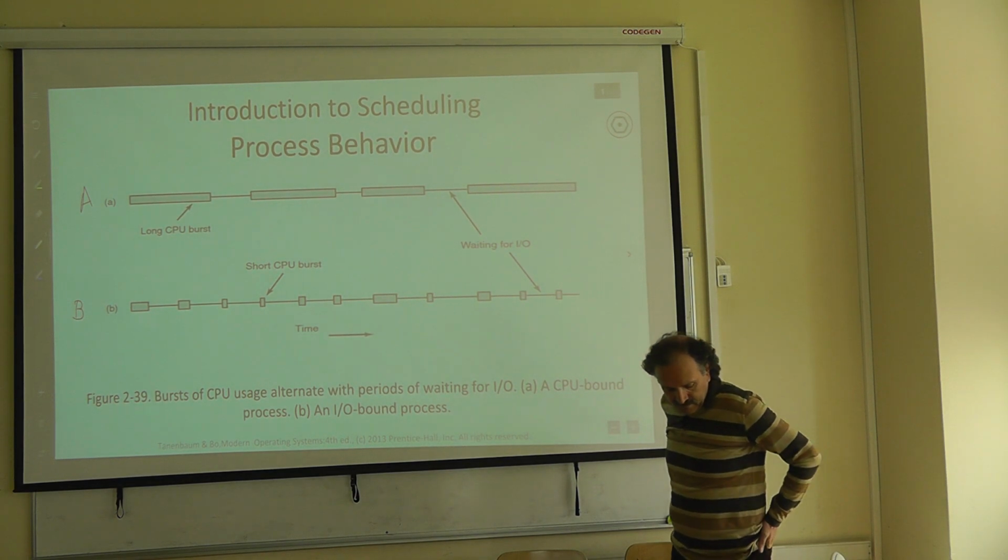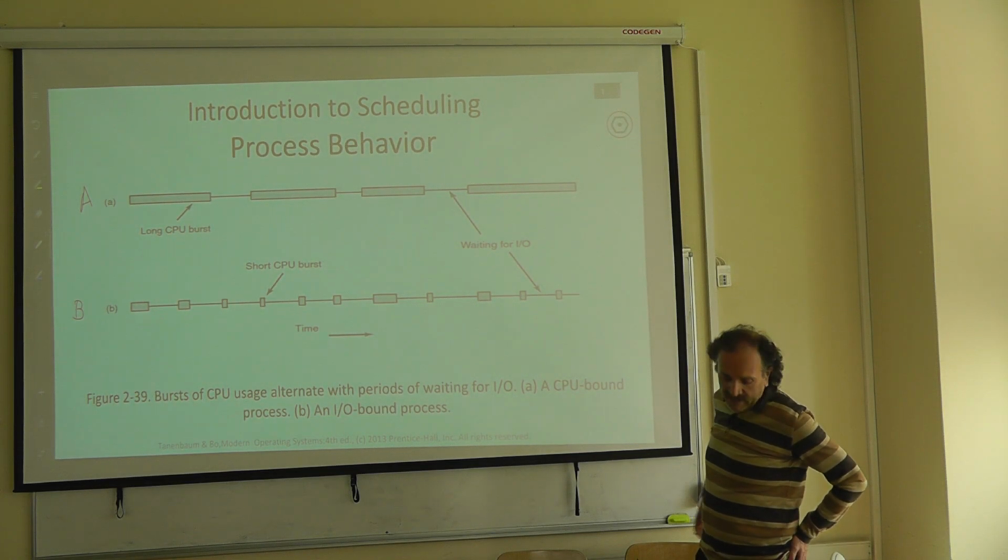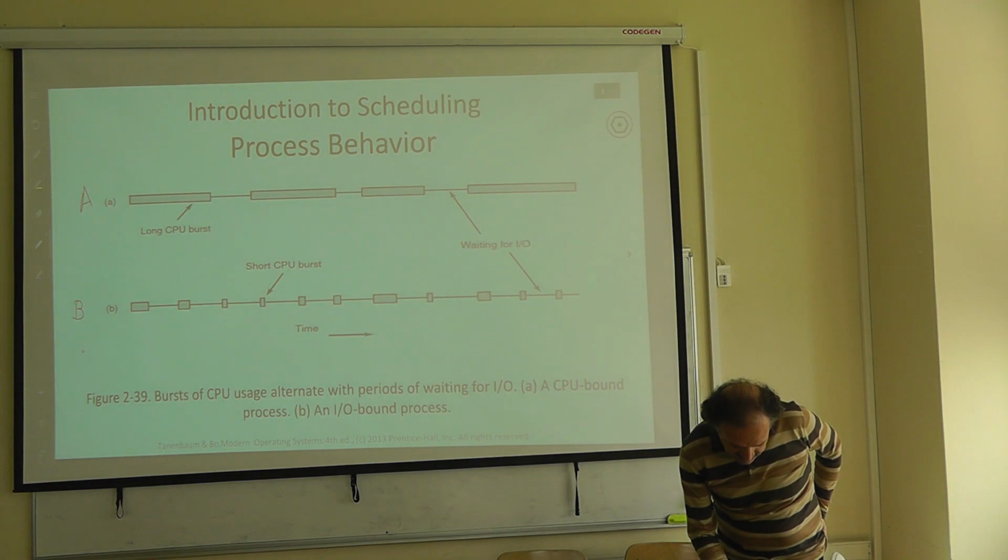When we do this first come, first served thing, A will get much more CPU usage time than B, C, D, and E.